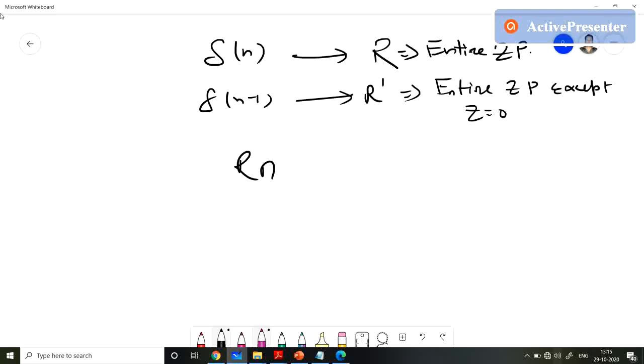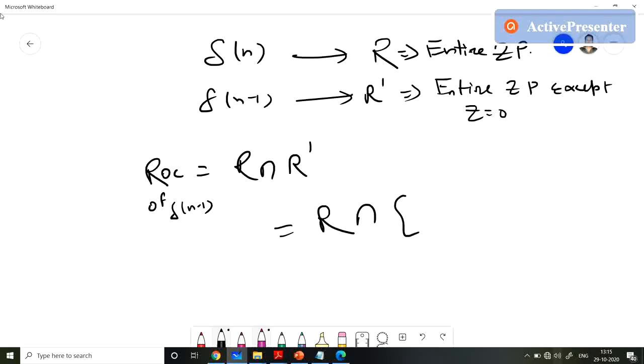So R intersection R dash is the ROC of delta[n - 1], which is R intersection with the points where z is not equal to 0.